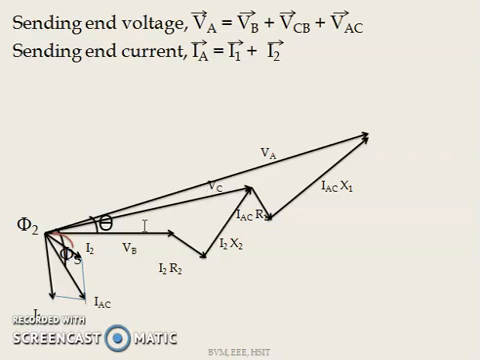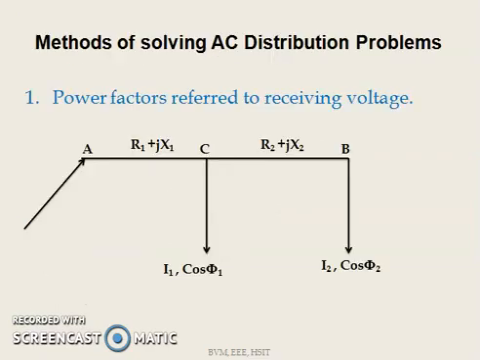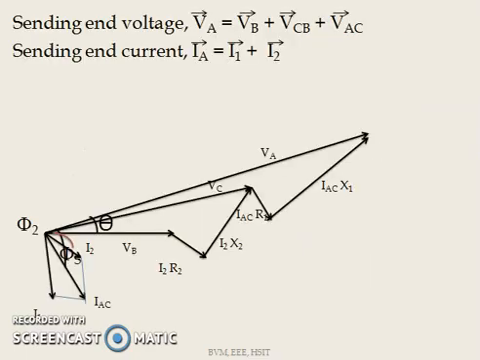Now at point C you have a load current I1, which lags VB by an angle phi 1. I have not written phi 1 here, but this I1 lags VB by an angle phi 1.